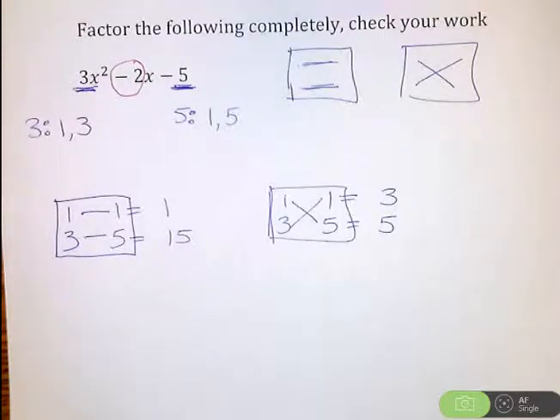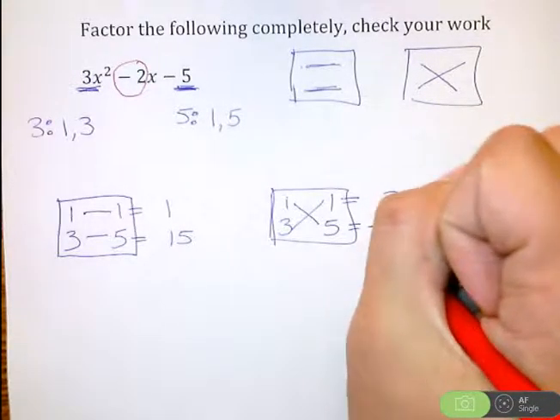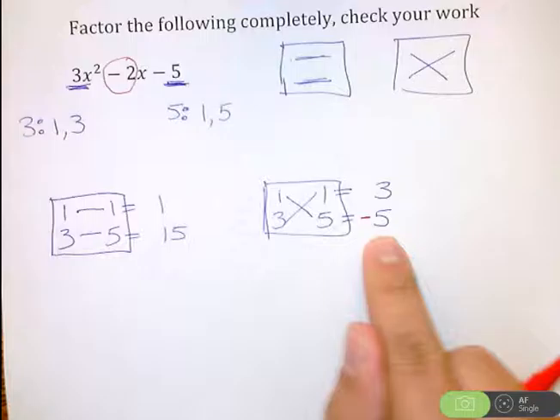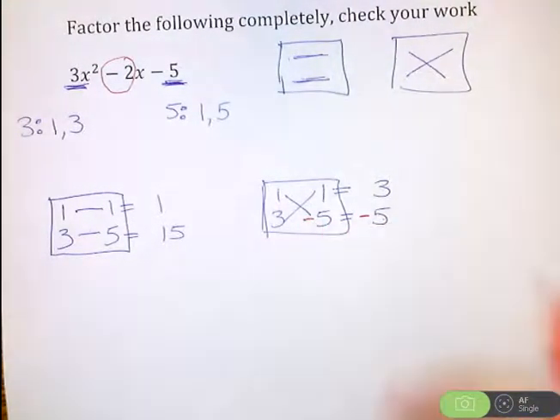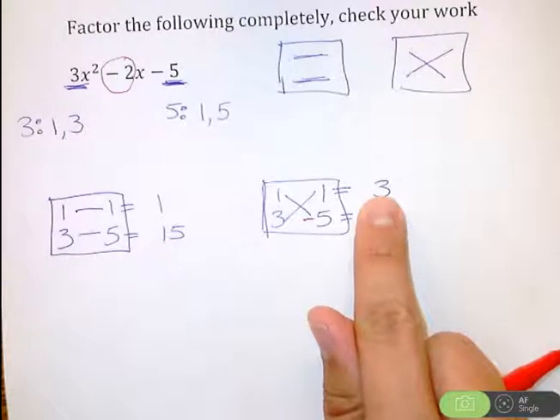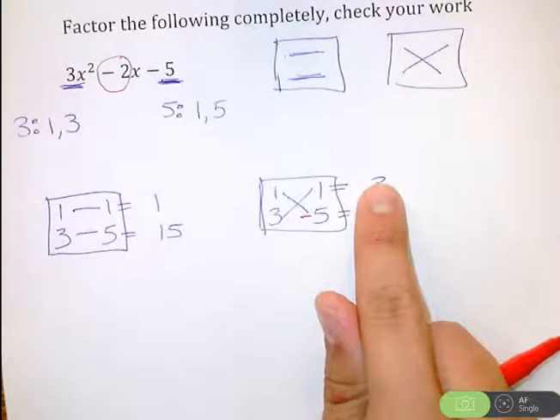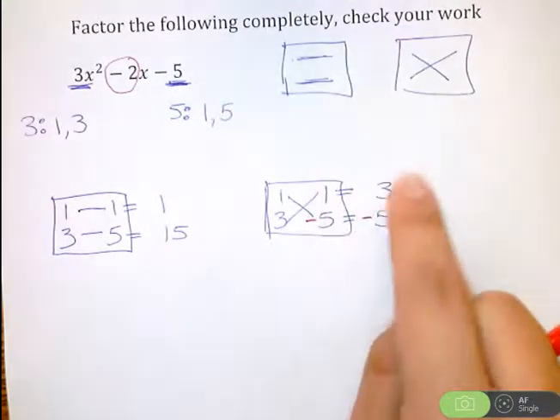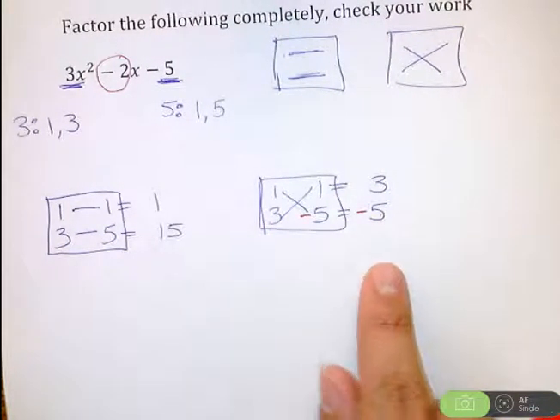Hopefully you're starting to get a number sense where you realize, if I have +3 and a -5, so I added a negative there. Now here's the key thing. If I add a negative number to this, I have to add the negative over here. Just for argument's sake, if I had added a negative up here, I'd have to add a negative to the 1 over there. But 3 and -5 should give us -2, which it does. You can test on a calculator really quick: 3 minus 5, you get -2.